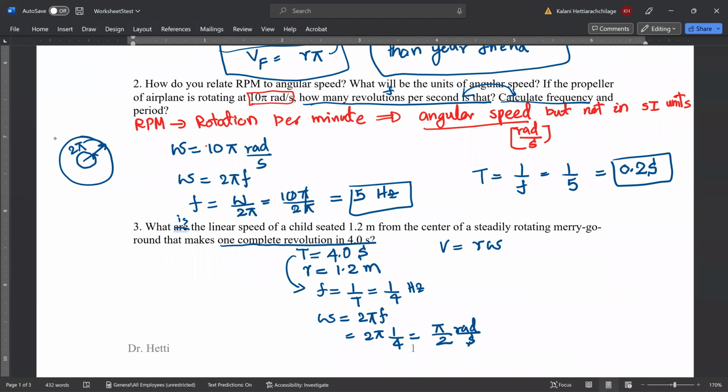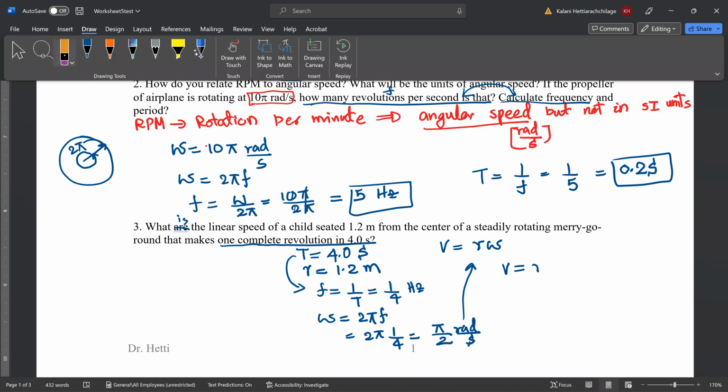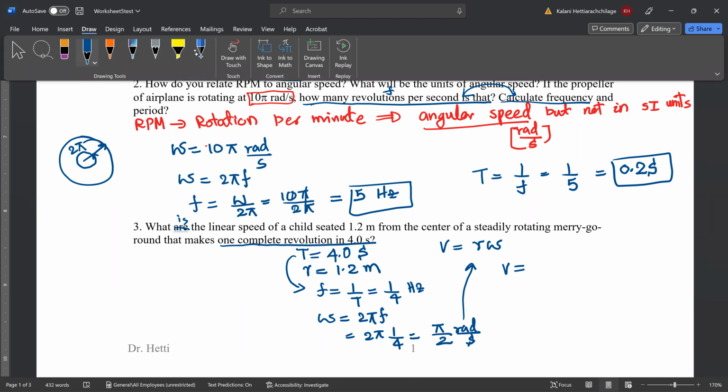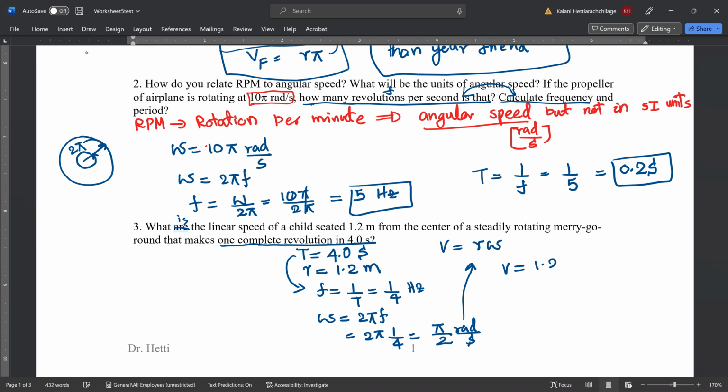After you calculate that, you will go here and plug it in. So I need the linear speed equal R times omega. I'm going to actually use the values in here because we already have those values. R equal 1.2 meters.